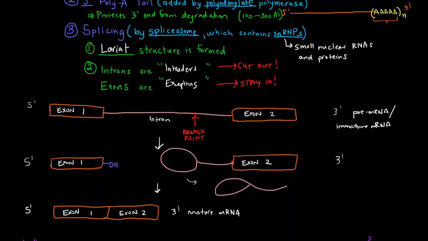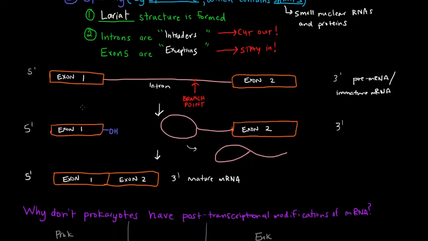How does that actually happen? Well, if we have, for instance, a pre-mRNA or an immature mRNA with exon number 1 here, and then some intron, and then exon number 2. On these introns, there are certain branch points. What these branch points are involved in is the formation of the lariat structure that I'm about to show you.